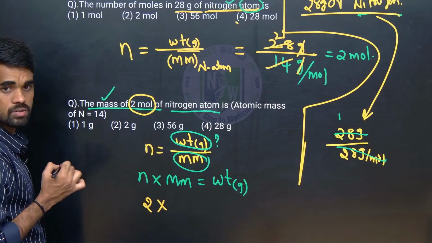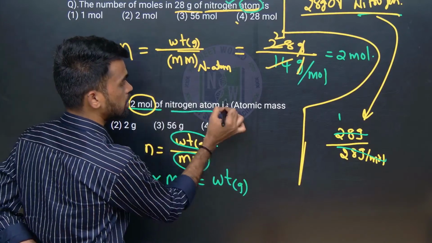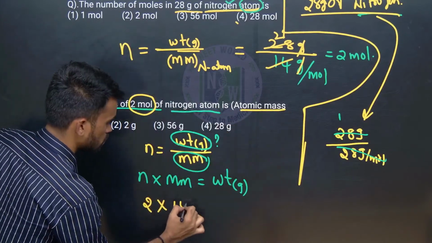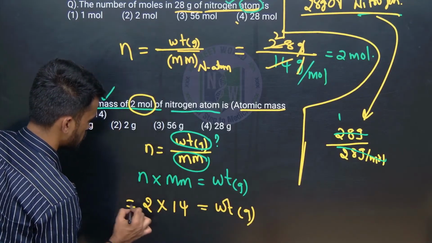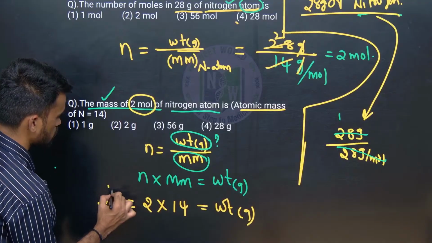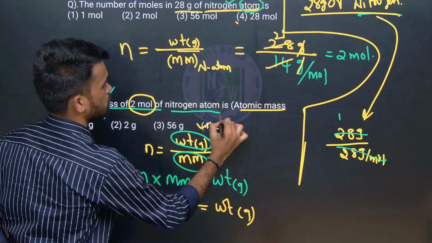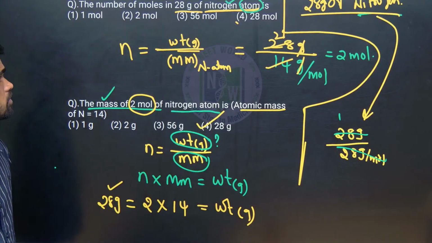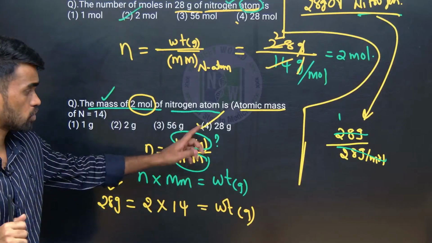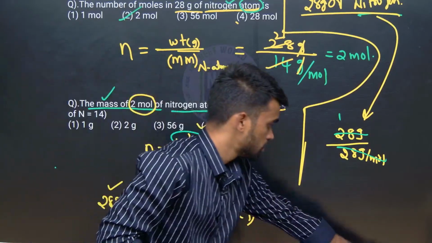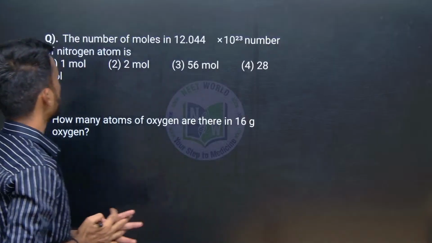Molar mass how much? For atom it is 14. So weight will be 28. This is our answer, so we have option number 4. Clear now? So first question answer 2, second question answer 4. Yes, tell me for this.